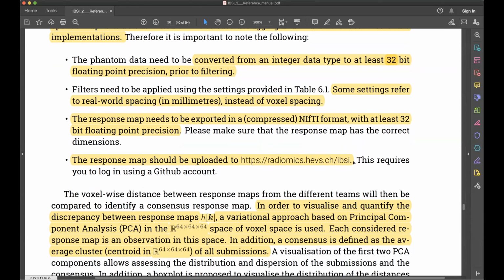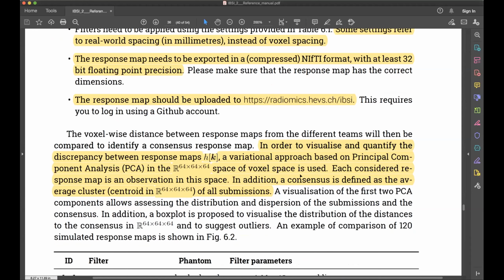It gives us a tool to find the differences more easily. As Phil will show you, we've taken an approach to visualize, quantify and find the consensus of all those different maps together, based on PCA, principal component analysis.